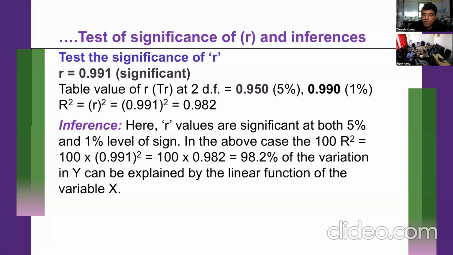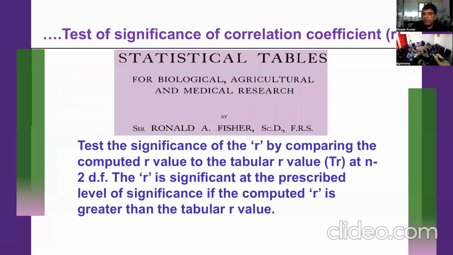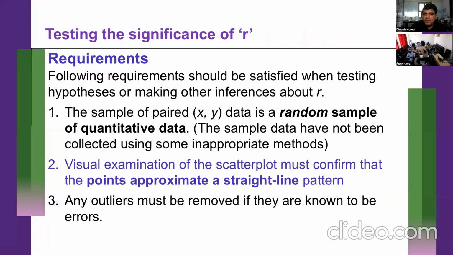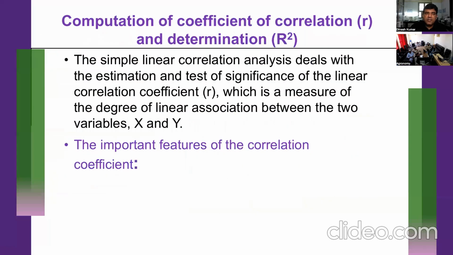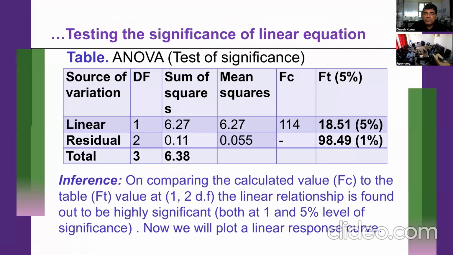That means it is one of the best fit. So this is the use of coefficient of determination to explain the results. Here, I tried to explain you the results. From the same data, we can calculate the correlation coefficient and explain it in this way.